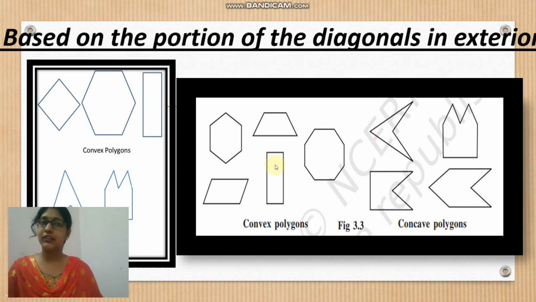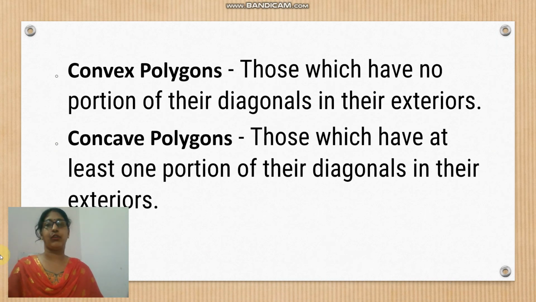On the basis of their diagonals, we can divide polygons into two types: convex polygons and concave polygons. Convex polygons are those which have no portion of their diagonals in the exterior, which means all diagonals lie in the interior. Concave polygons have at least one diagonal portion in the exterior, which means they have a mixture of diagonals: some interior and some exterior, but at least one exterior diagonal.